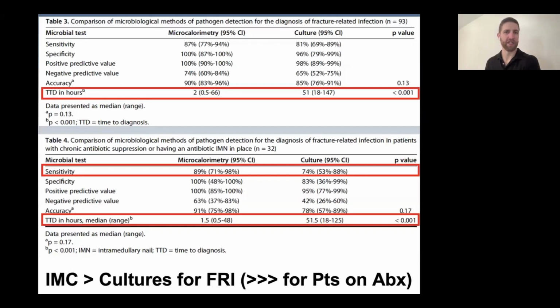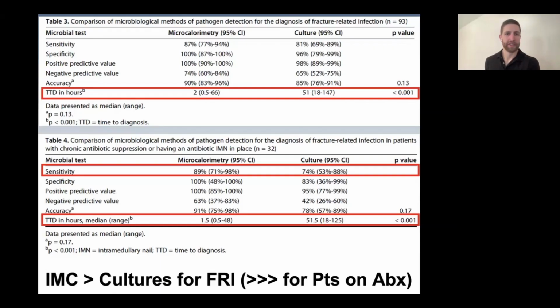What we found in the results of this comparison: sensitivity improved, accuracy improved in the overall cohort of patients, and so did time to detection in hours. For the calorimetry, the median time to detection was around 2 hours, compared to 51 hours for cultures. So we substantially improved that, of course. Accuracy was not quite statistically significant, but that was really just a power issue ultimately.